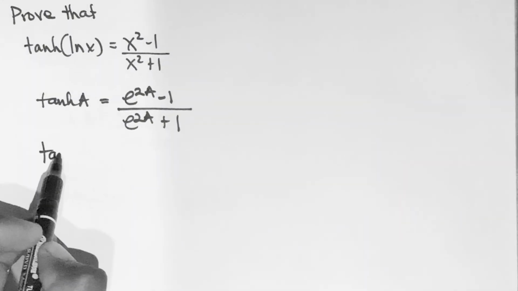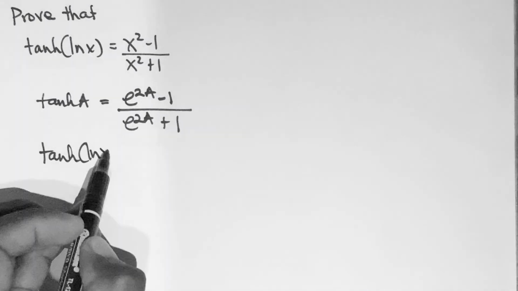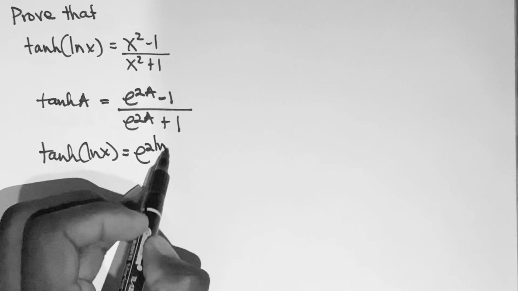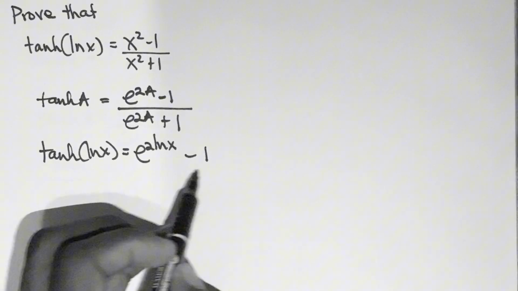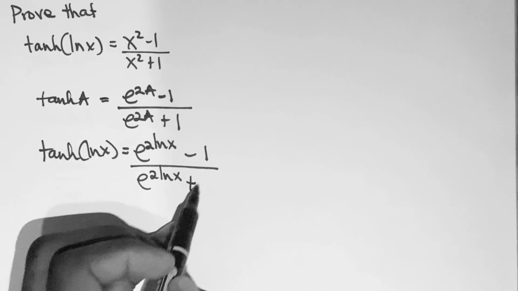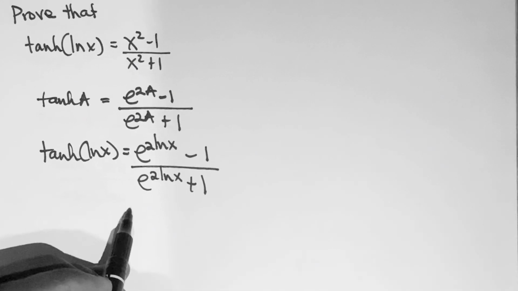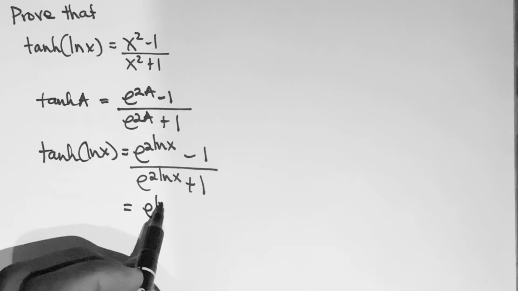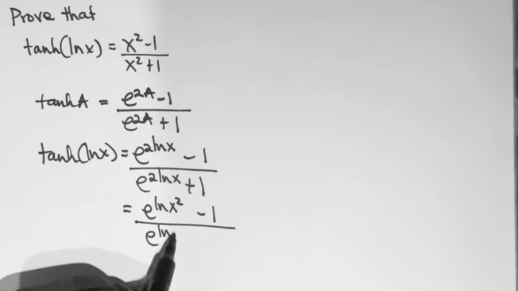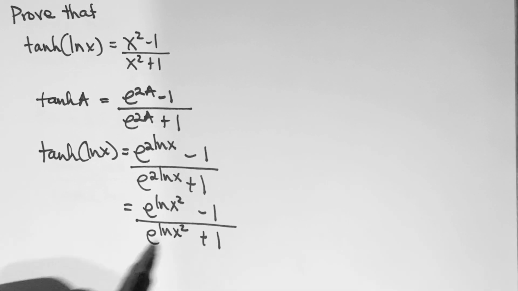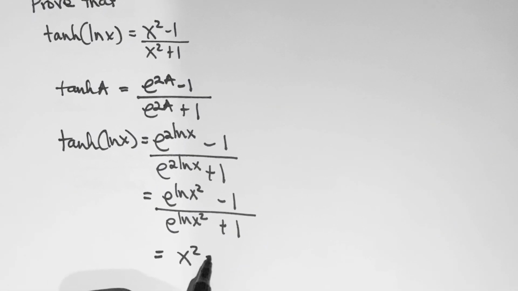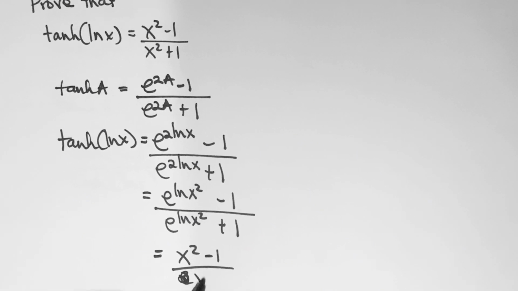So hyperbolic tan ln x is equal to exponent 2 ln x minus 1 divided by exponent 2 ln x plus 1. So this can also be written as exponent ln x squared minus 1 divided by exponent ln x squared plus 1. Now exponent ln x is x, so this is equal to x squared minus 1 divided by x squared plus 1.